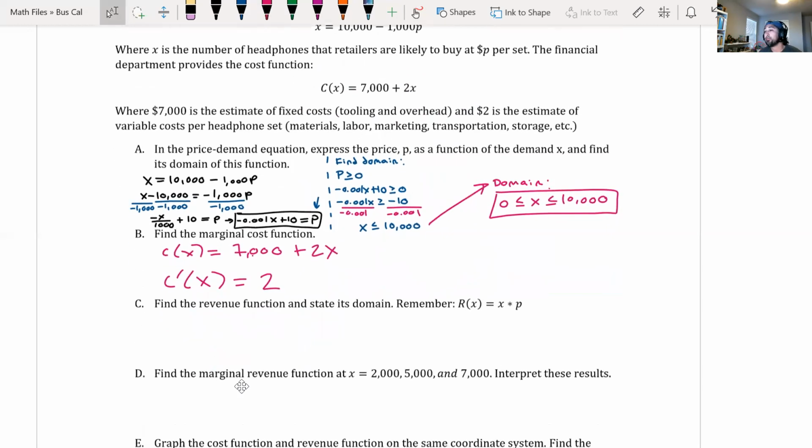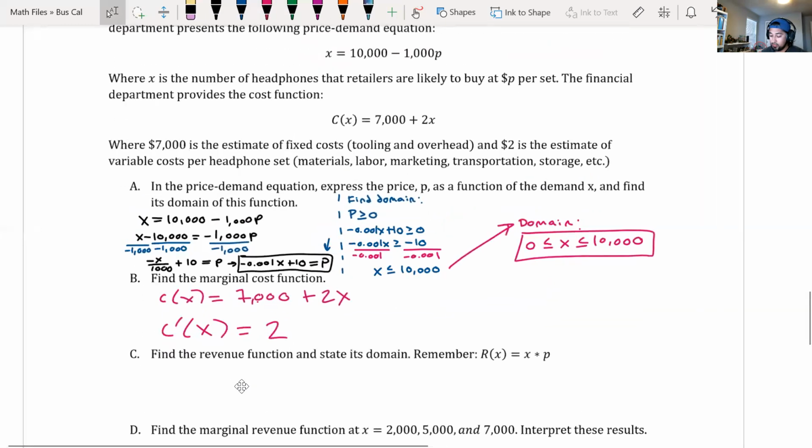Next says find the revenue function and state its domain. So again, we're going back to 1324 and we're going to create the revenue function. Revenue is always given by the amount of items x times the price that we are selling them at.